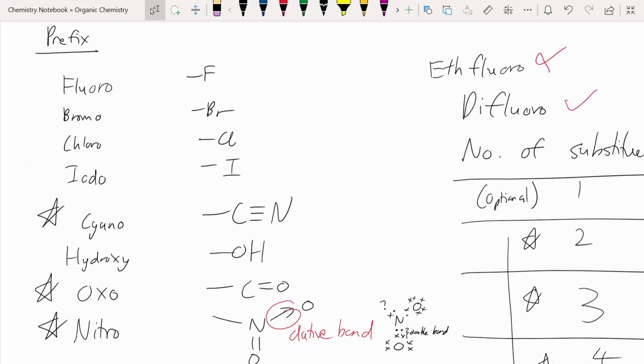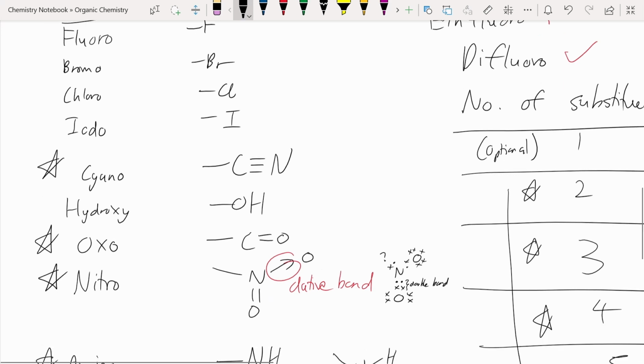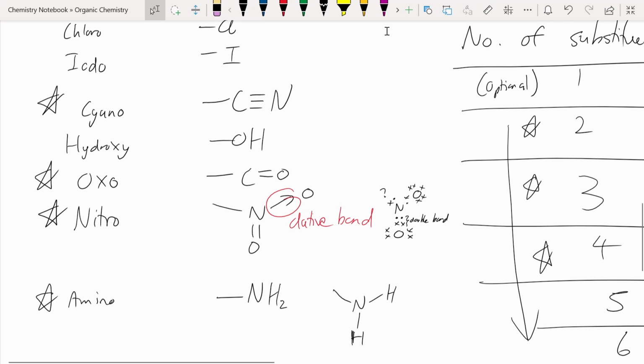Then for prefixes, these are the following substituents. So this is the list of substituents. There will be your halogens, and then the starred ones are the slightly more difficult ones to remember. So there will be the cyano, C triple bond N. As you can remember, it is similar to the functional group that you have remembered earlier, which is nitrile.